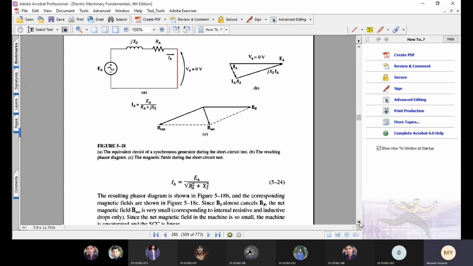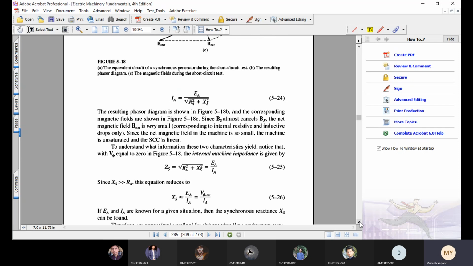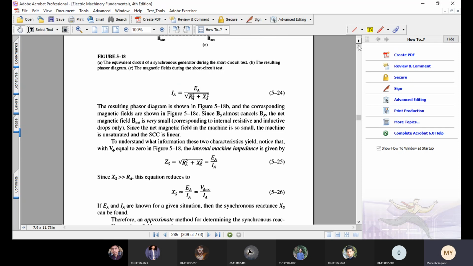Now if we consider equation 5.24, we have EA from the open circuit test and we have the value of IA from the short circuit test. So if we divide EA by IA, it will give us the square root of RA squared plus XS squared, that is the synchronous impedance ZS.